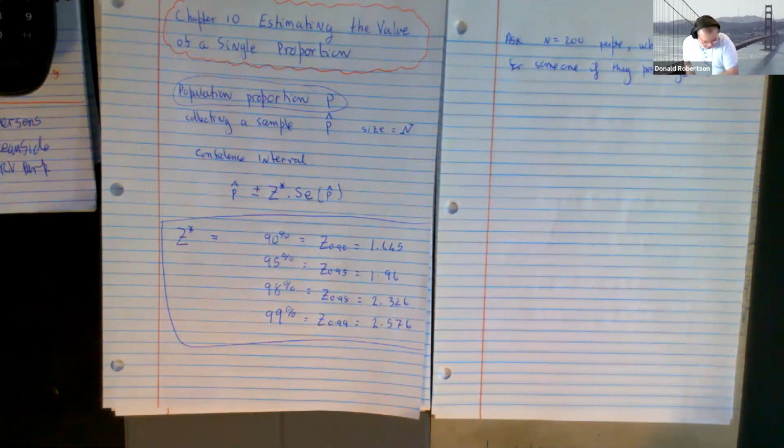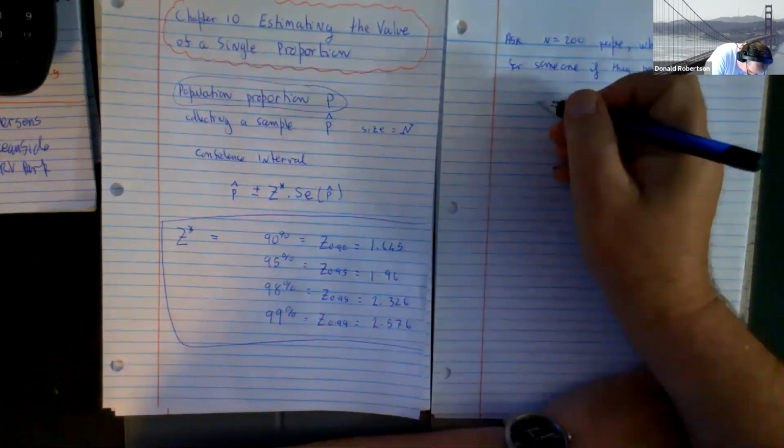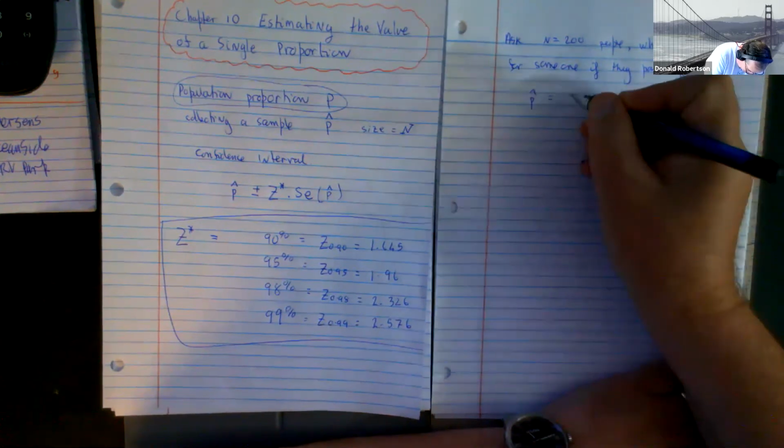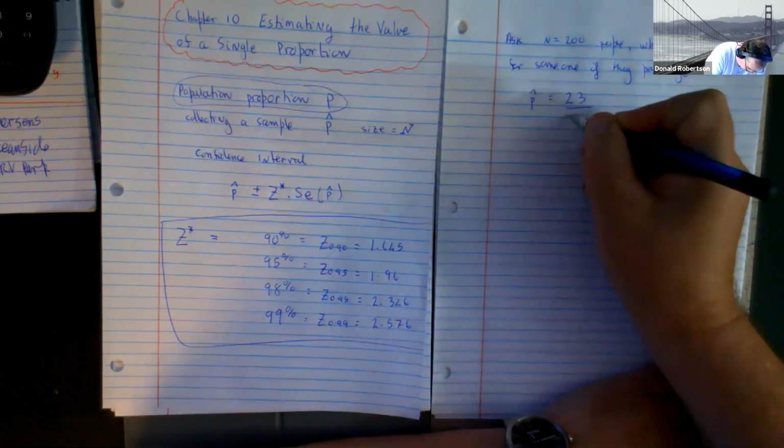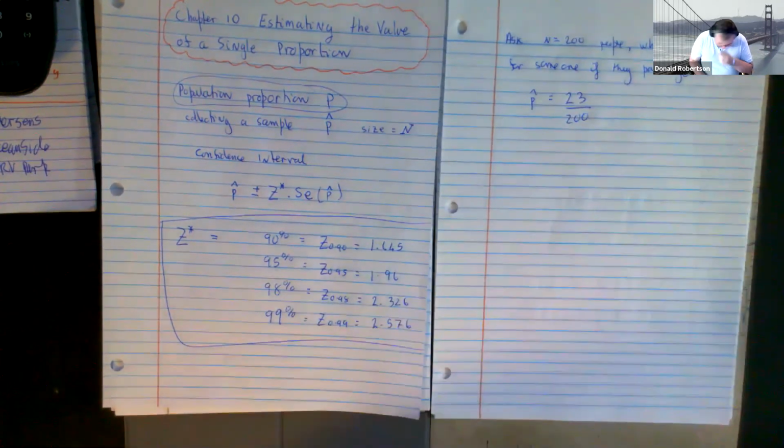Interesting question. Don't know why it came into my head, but never mind. Out of this sample, 23 people out of 200 said, yep, if they paid me, I'd vote for them.